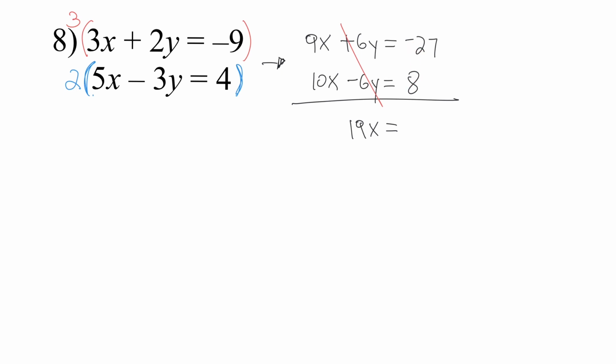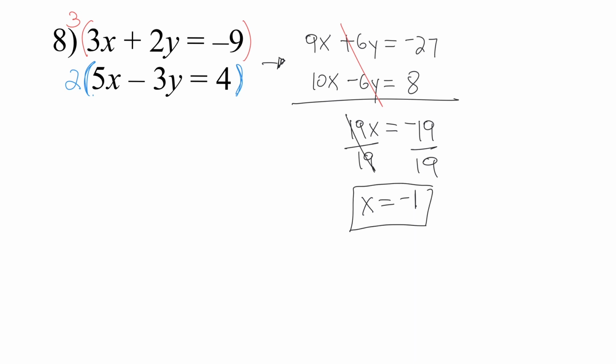You need to subtract the numbers. That's going to be negative 19. Now you're going to divide by 19 because we want to solve for x. This turns into positive 1, so x equals negative 1. So the value of x is negative 1 right here.